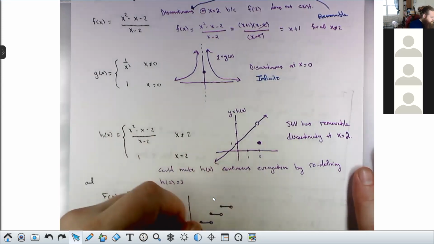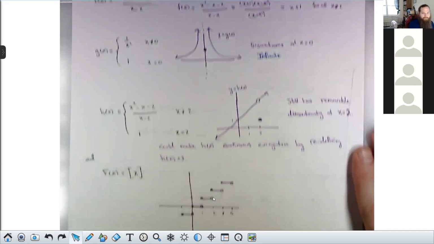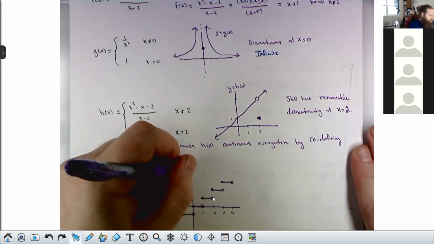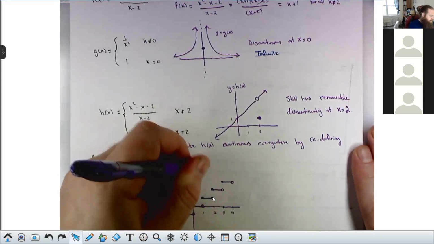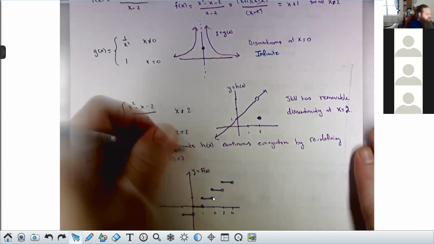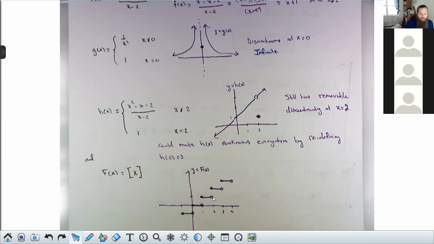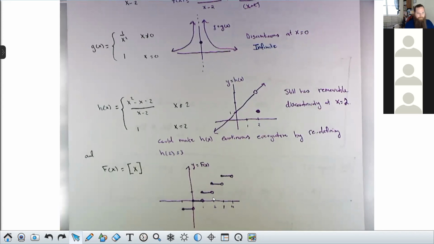And so on. You can extend it over here to the negative reals also, just following the same pattern. So where do we have discontinuities here, and what type of discontinuities are there? Yeah, at all of the integers.